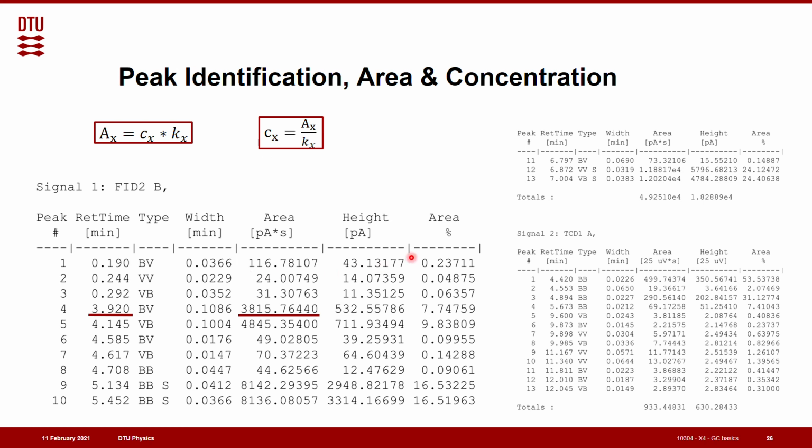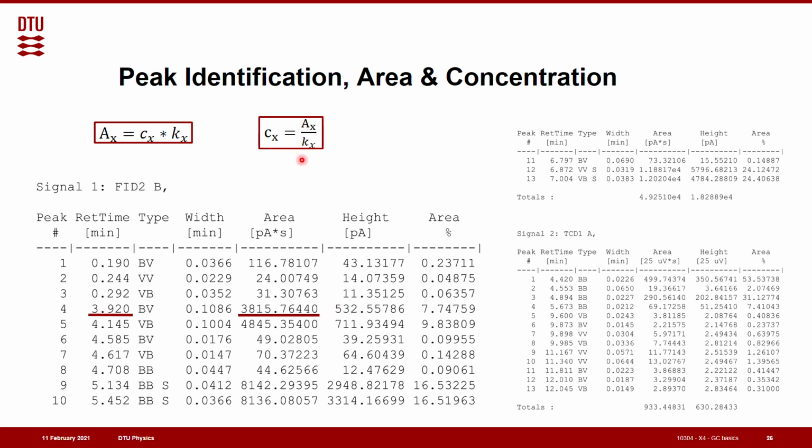And you will get data files with both the chromatographs but also these tables. You then have to go in and figure out what are the different peaks and what is the concentration in the sample. We get both for the signal 1, the FID, and for the TCD. It's the same procedure.